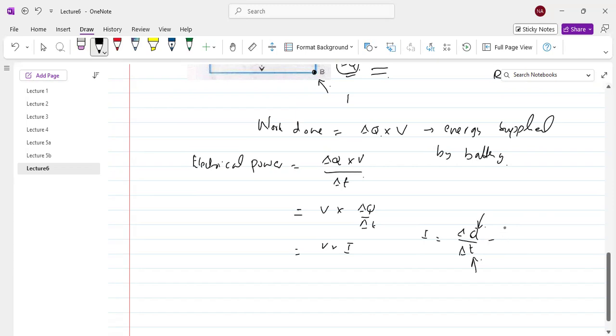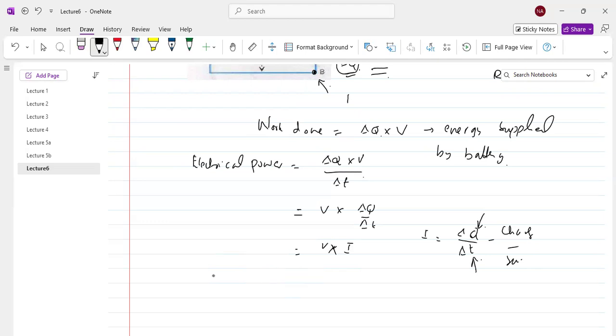So this will be charge per second. Charge per second flowing through any conductor is called current. So we have utilized the definition of current here in writing delta Q over delta t as I. So electrical power is equal to V multiplied by I.